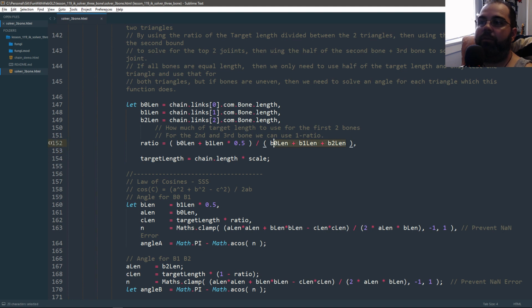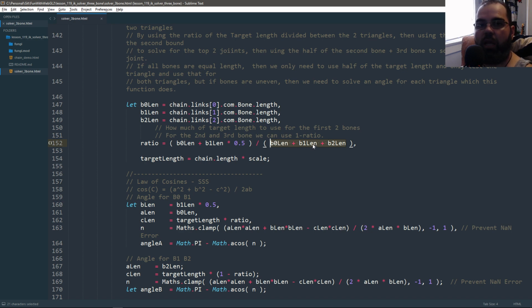And you might be like, why am I not just using chain.length? Just in case, down the line, I want to apply this to a specific part of a chain. Let's say for an animal leg, there are 4 points in the chain. The bottom point is like the toes. For a cat, you have the little toe bone. But I just want to apply this to the 3 bones, so that's why I'm doing this.